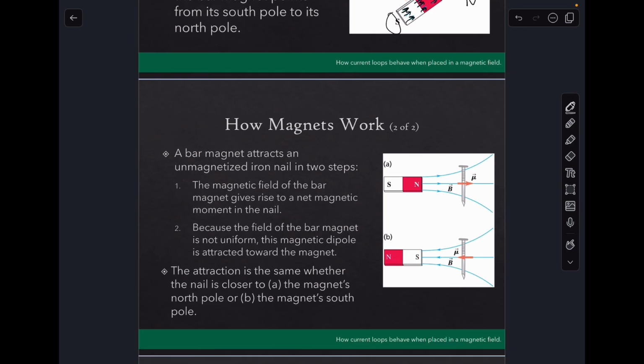Okay, so that's really how magnetic fields are created, by moving charges, okay? They're either created by the moving charges in the valence shells of electrons, or they're created by us applying a potential difference using a battery or a power supply, applying it to a conductor and getting electrons to move that way. Okay, either way, magnetic fields are created.